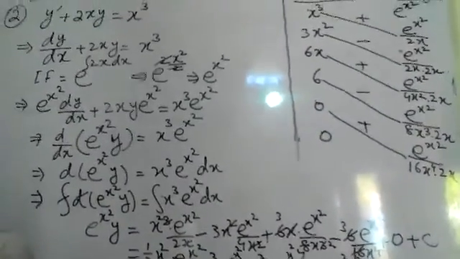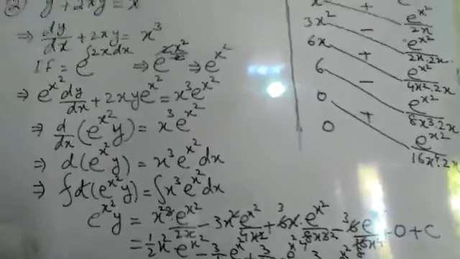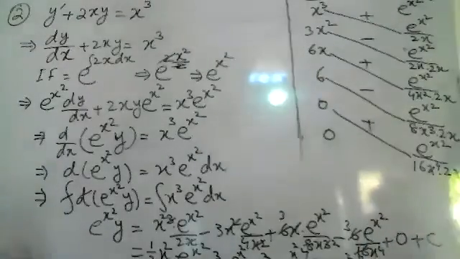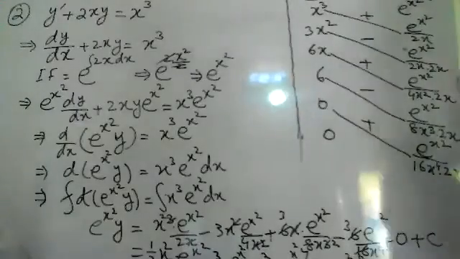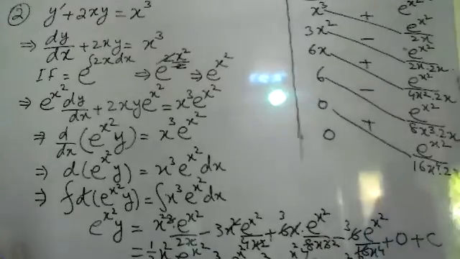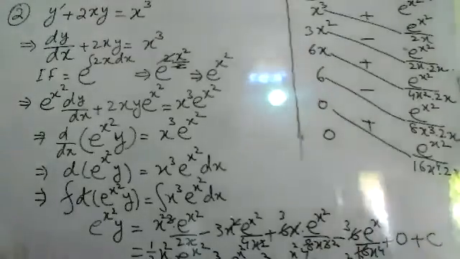One is considered as dv, one is considered as u. What is considered as u, we will take the derivative. So x cube is considered as u, so its derivatives are going to decrease, and at the end it will become 0. The first derivative 3x square, the second derivative 6x, the third derivative 6, the fourth derivative will become 0.